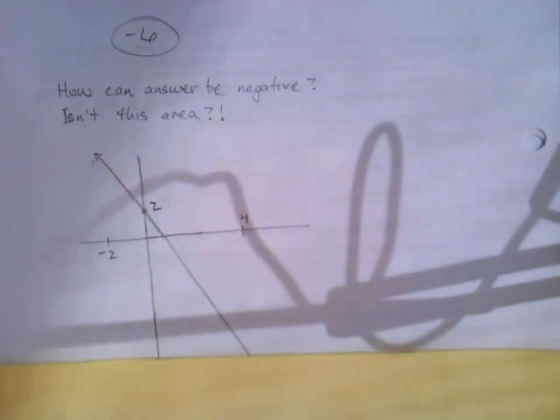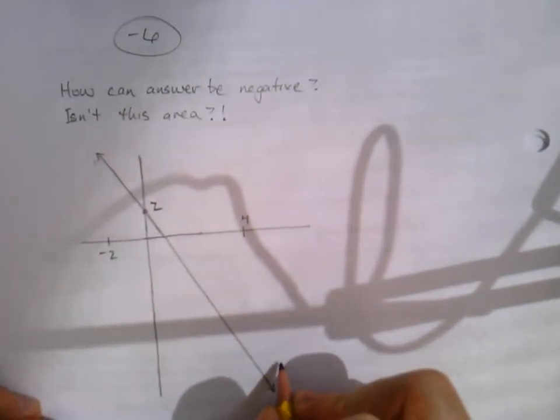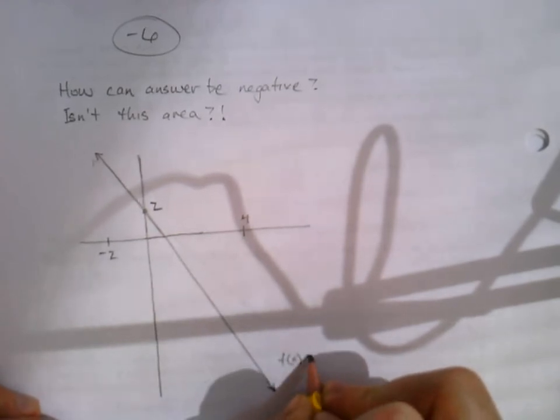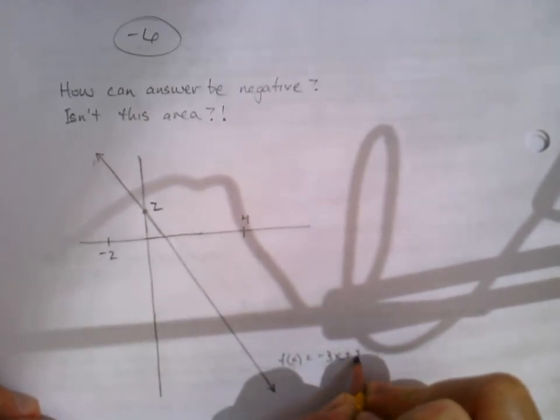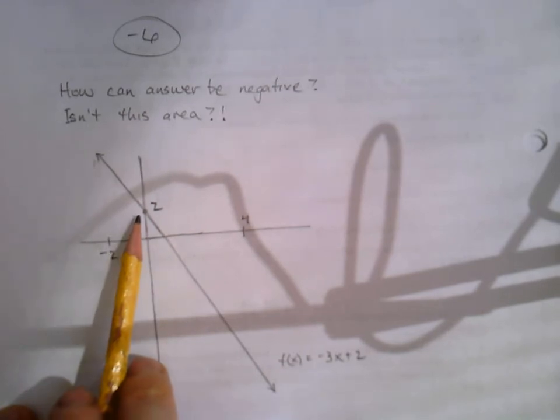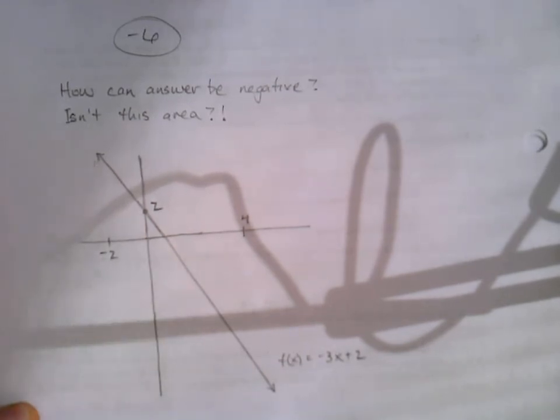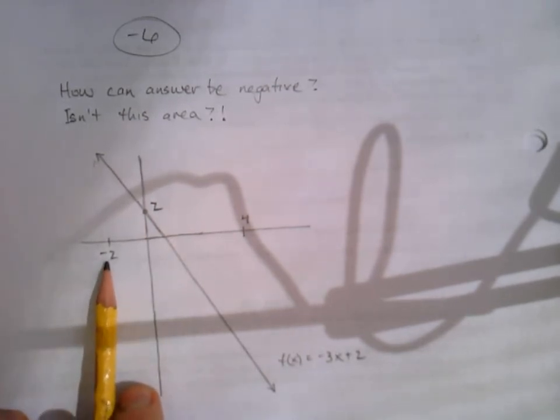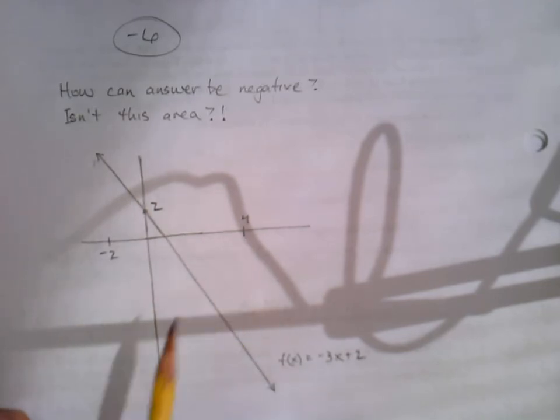Here's what happened. Okay, so here's a sketch of our function, right, we had f of x equals negative 3x plus 2. So our y-intercept is 2, slope is negative 3. And then I've indicated negative 2 and positive 4.